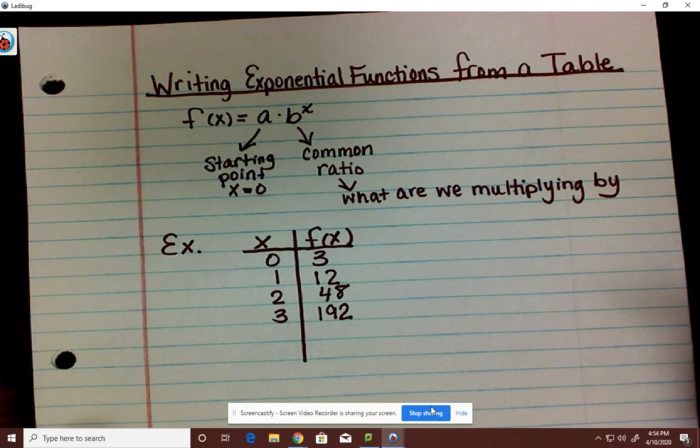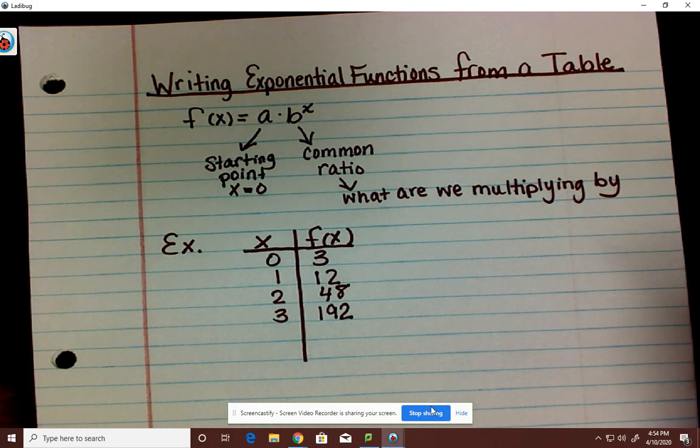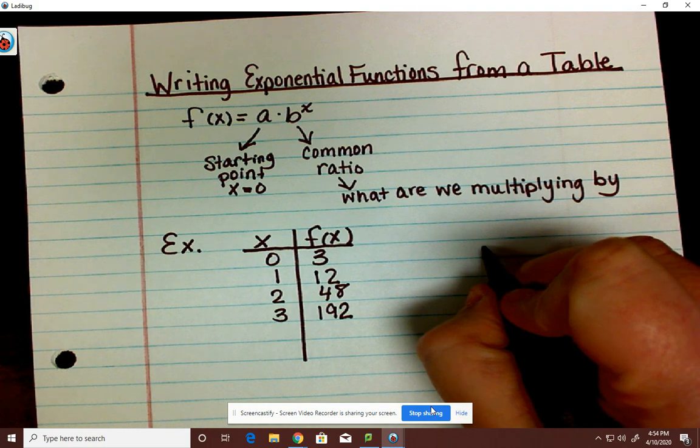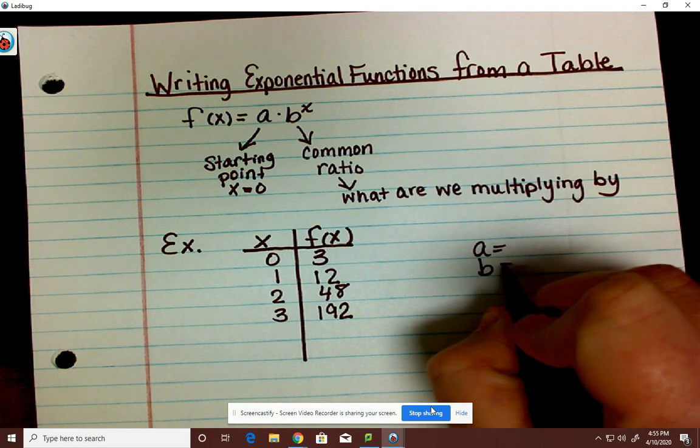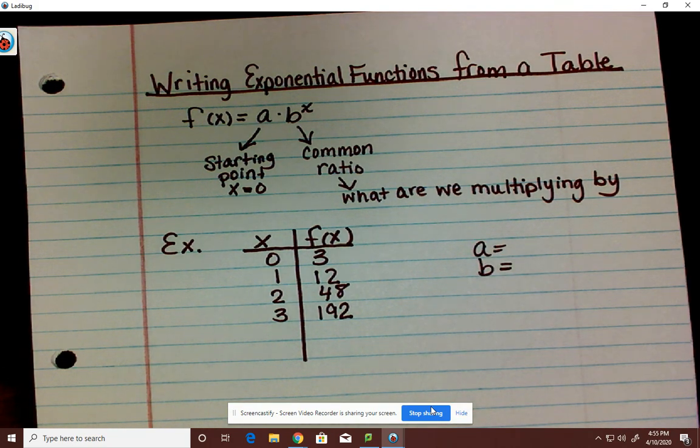So first of all, when we do this, we need to be able to identify a and be able to identify b, and then write the function.